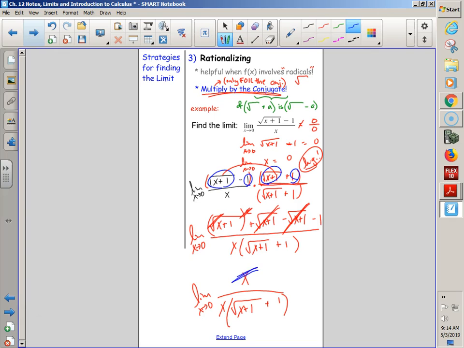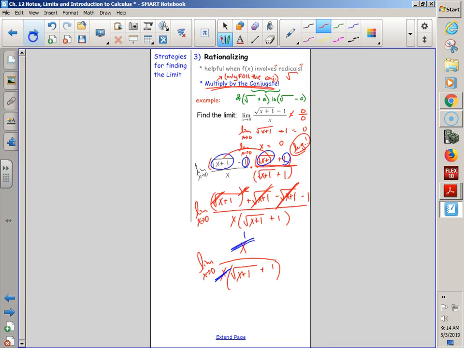What can we do now? Yeah, some of you are like, oh yeah, reduce it, plug it in. Limit as x goes to 0 of 1 over, oh wait, I'm taking the limit.